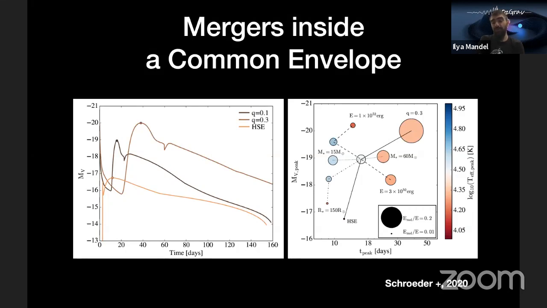And that means that these might in fact explain some fraction at least of superluminous supernovae. So this is something that Sophie Schroeder, Morgan McLeod, Avi Loeb, and I argued in a paper from, I guess actually from this year, maybe last year, I can't remember anymore.